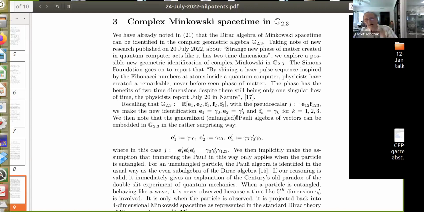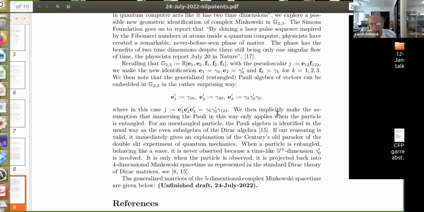Oh yeah, so I'm really speculating on this last page. I'm saying that if you think of the double slit experiment, you can identify these polyvectors in a different way. In fact, the polyvector, as we saw, in a different algebra, can be interpreted, for example, in this case, a vector is being interpreted as a Dirac trivector. And I'm saying that if you interpret it in this way, I'm distinguishing when a particle is entangled.